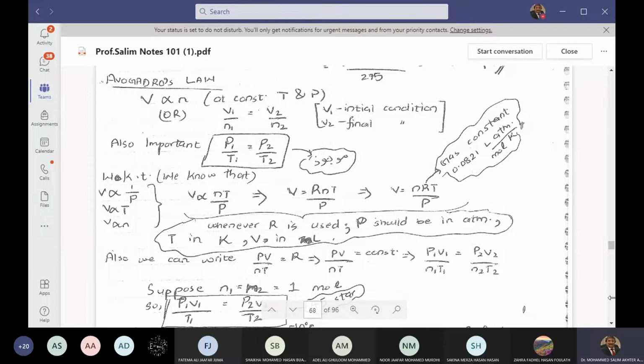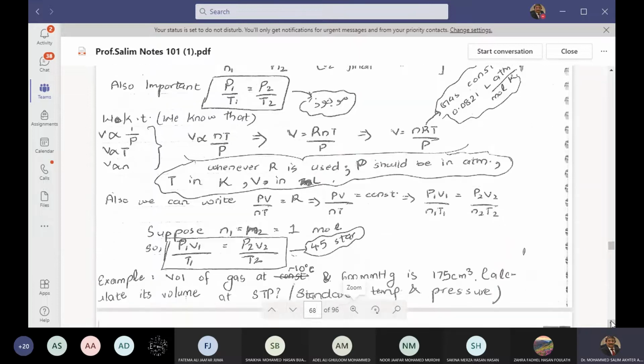Then I gave you two equations. This one is the combined form, or if N1 equal to N2 equal to 1 mole, then I reduce this equation into this form: P1 V1 over T1 is equal to P2 V2 over T2. This is the combined gas equation, combined gas law.